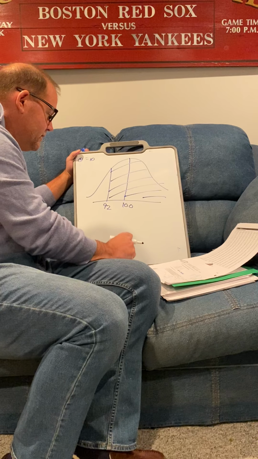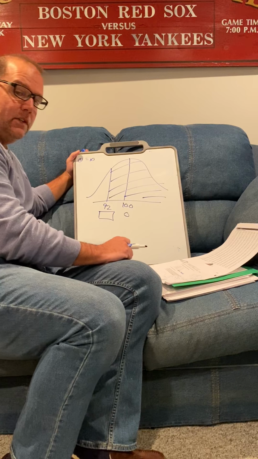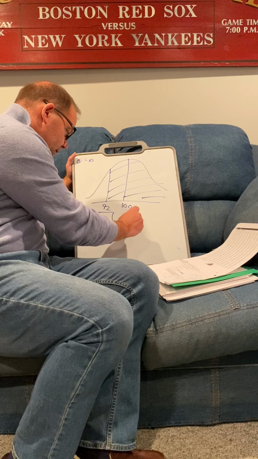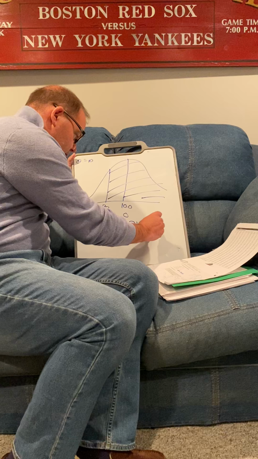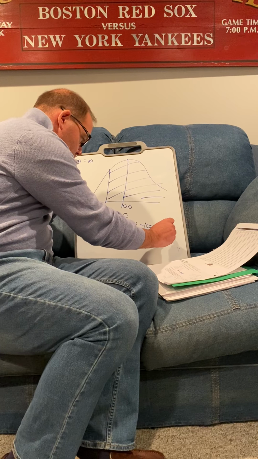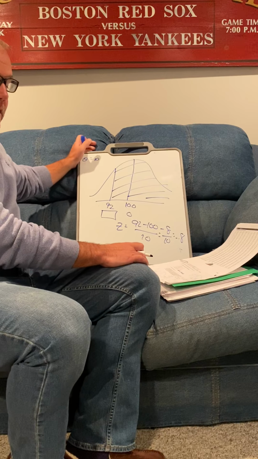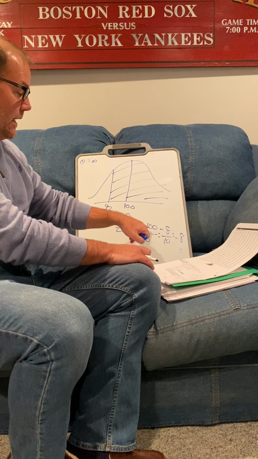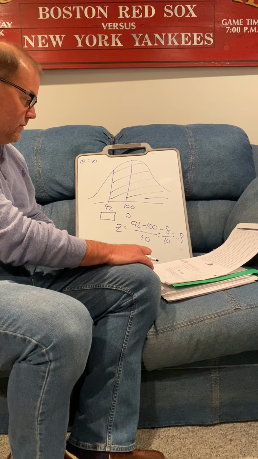We're not going to draw it out as extensively. But again, I want to figure out what the z-score of 92 is. Sample mean minus population mean divided by standard deviation. If we do that, our z-score is going to be negative 0.8. 92 minus the 100, 8 below, divided by the standard deviation.